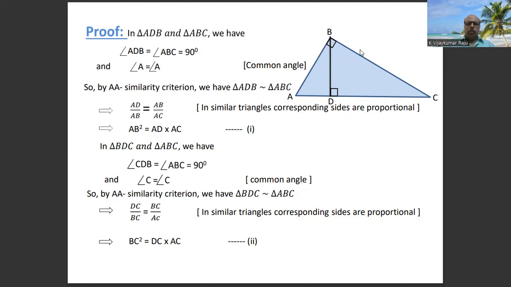So DC upon BC must be equal to, for the full triangle, BC upon AC. So DC upon BC is equal to BC upon AC. Cross multiply it. BC into BC is BC square is equal to DC into AC. This is your equation 2. So this is your first equation and this is your second equation.